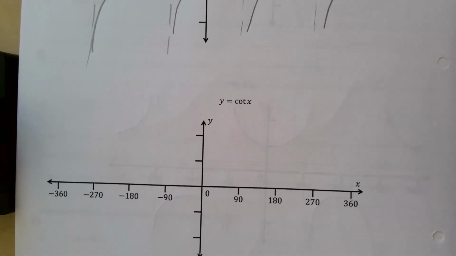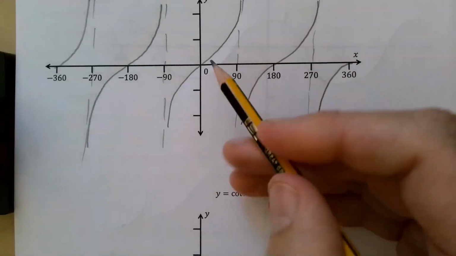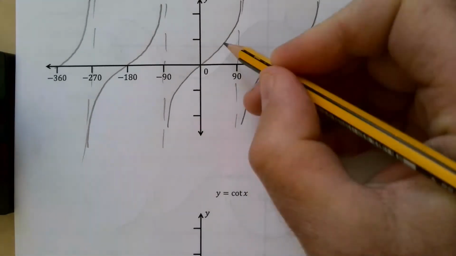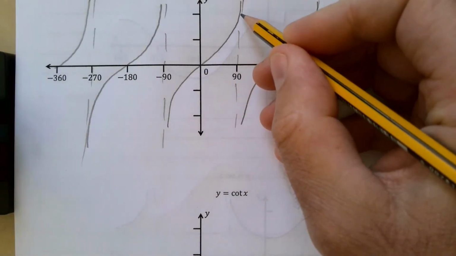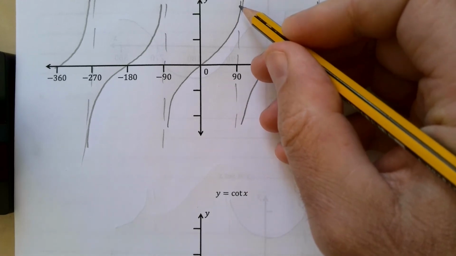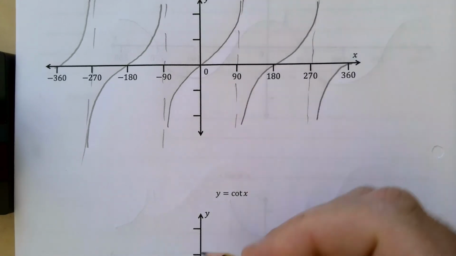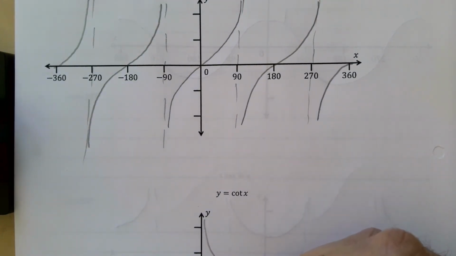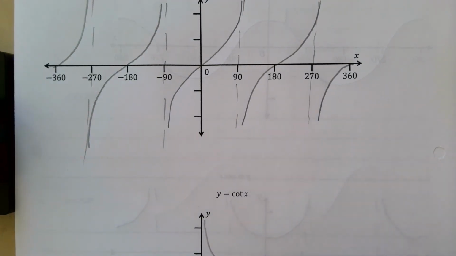I hope we know that tan of 45 is 1, so 1 over 1 is going to be 1. And then as this gets higher and higher and higher, then this is going to get lower and lower and lower. So that heads off, so the graph is actually going to look like this here.